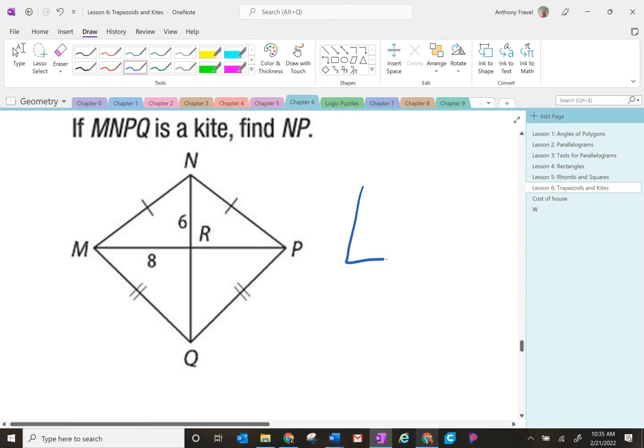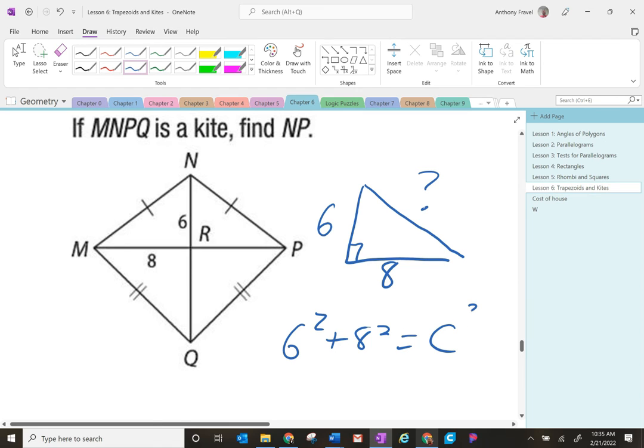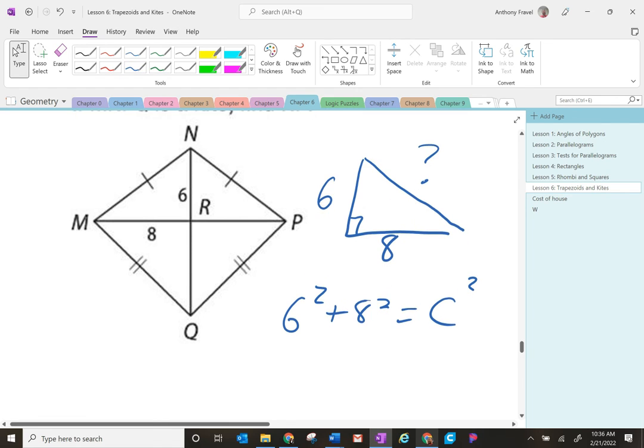I've got that same triangle. It looks like 6 on this side, 8 on the bottom. This is the side we don't know. So it's a squared plus b squared equals c squared. 6 squared plus 8 squared equals c squared. 36 plus 64 equals c squared. 100 equals c squared.